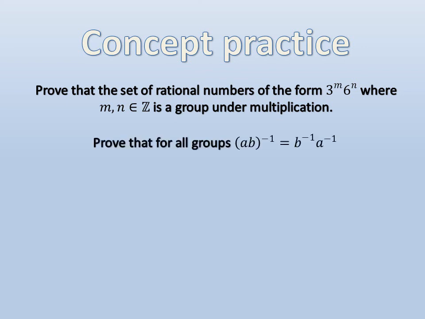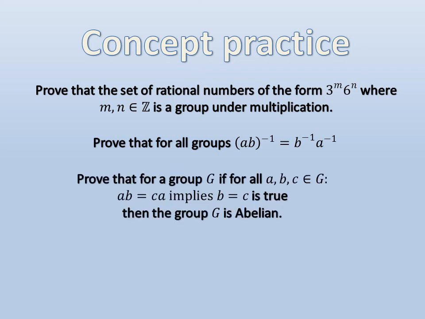Prove that for all groups the inverse of A times B is equal to inverse B times inverse A. Prove that if you have a group G such that for all A, B and C belonging to the underlying set of G, A times B equals C times A implies B equals C is true, then the group G is Abelian. Finally, find an example of a group such that inverse A times B times A is not equal to B.